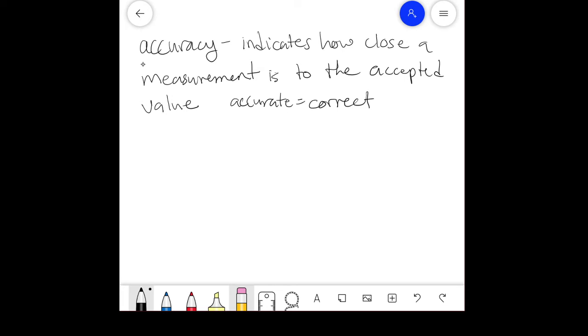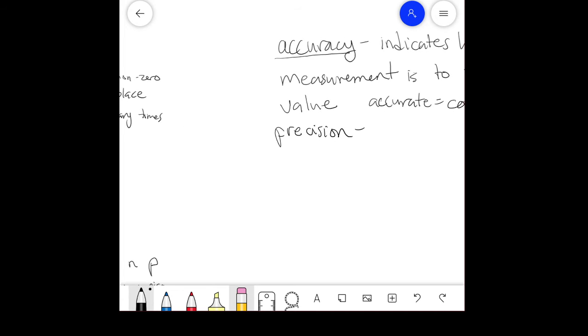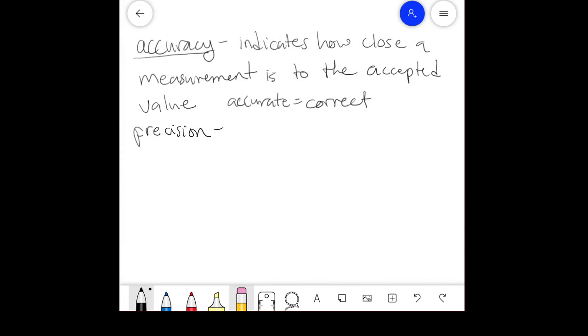While precision is not spelled like that. Precision is, come back. Okay.